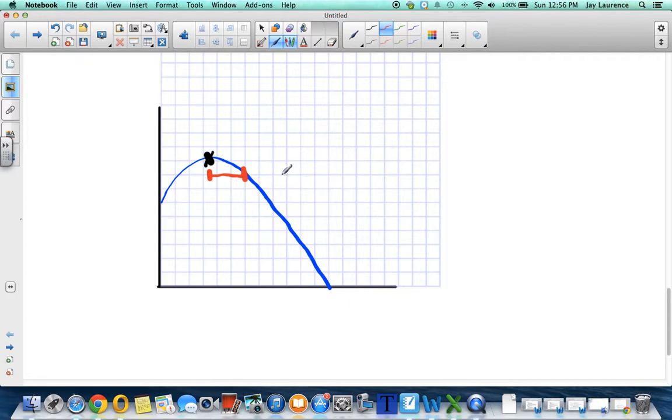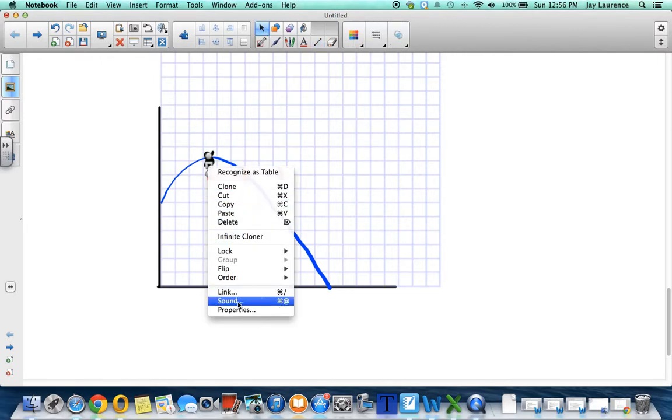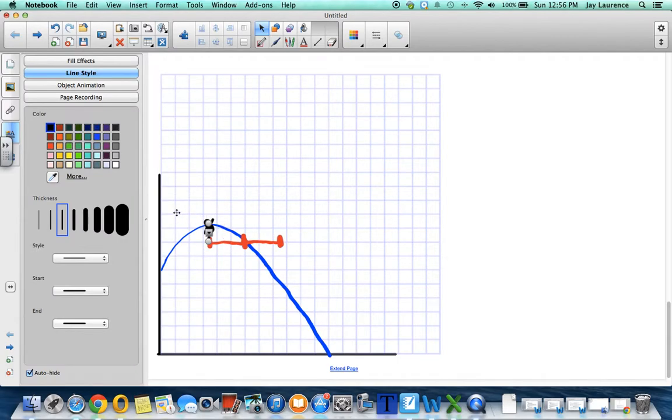Let me go 2.5 squares the other way. That would be 2.5 again, right? Now let's do this. We'll get a segment here. I'm going to go from the vertex. This is the vertical distance the ball has fallen. Let me change the color of that so it stands out a little bit more.